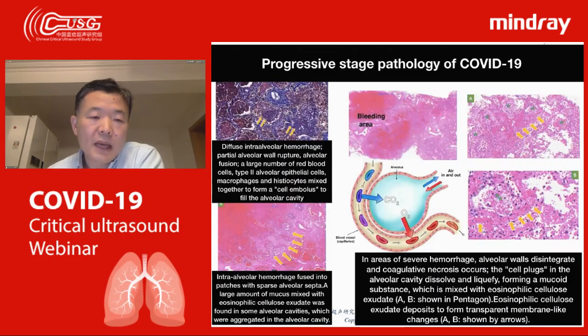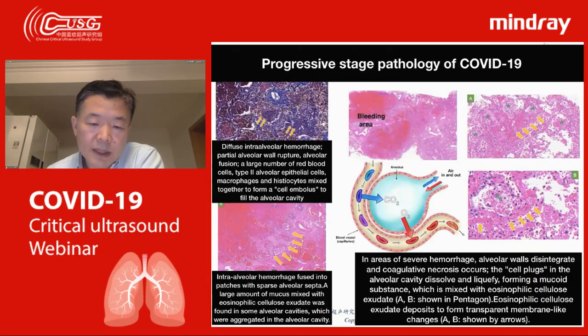So I think this is along the time in the progressive stage of this kind of disease, you can see something changed in the lung. Now it comes into the interstitial part, not only the epithelial, and now it has damaged the alveoli.